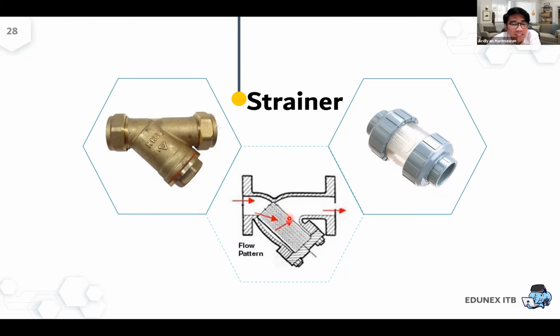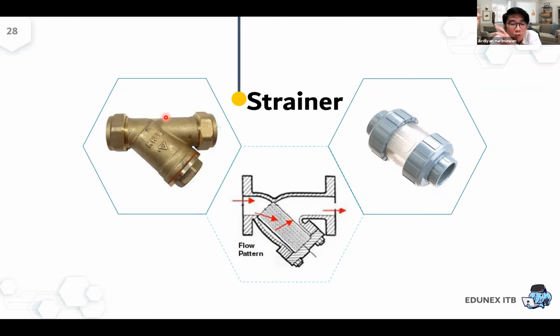So basically, if you have suspended solid in your fluid, whether it's in the gas form or in the liquid form, the particles of solid suspended in the fluid, and you don't want this solid to be involved in the further system, because it will damage the pump or the reactor.